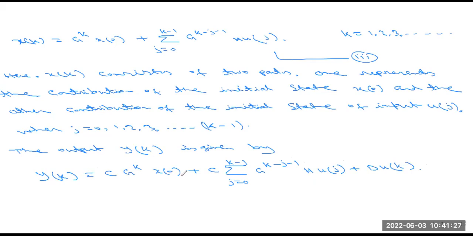So this is the expression for the output of the linear time invariant discrete time state equations. This is equation number 4.